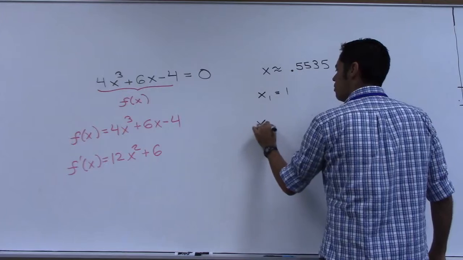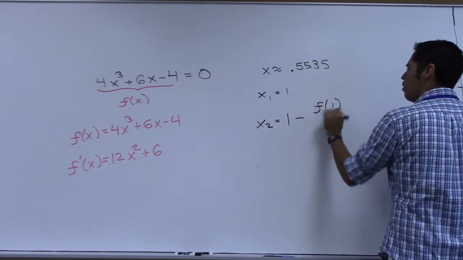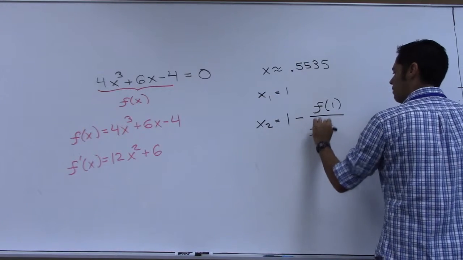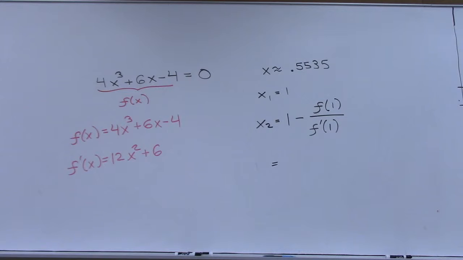All right, so let's see. X sub 2 will be 1 minus the function at 1 over the derivative at 1, right? So I'm going to say f of 1 over g of 1. See, I'm cheating here. And in front of that, it's 1 minus that.